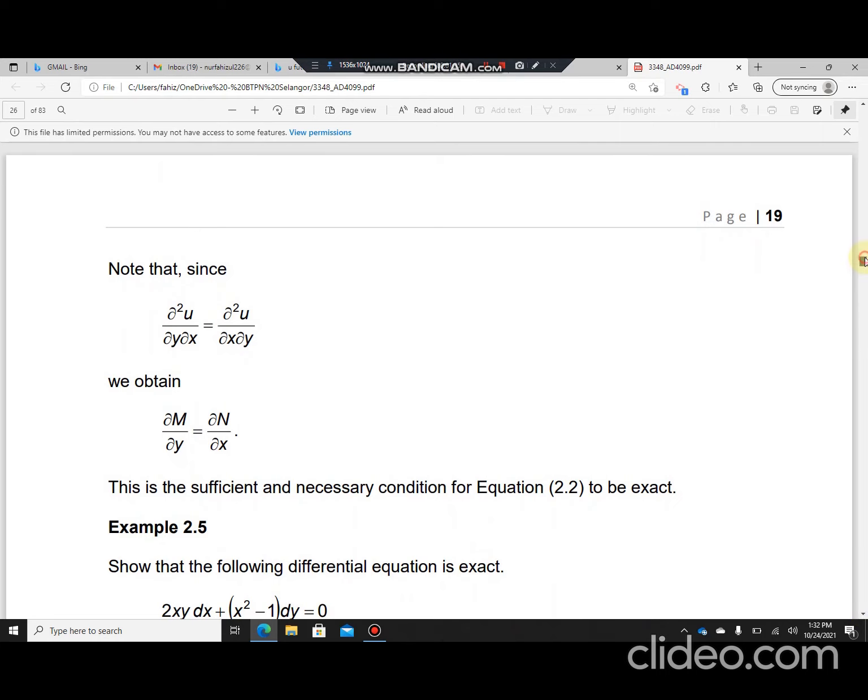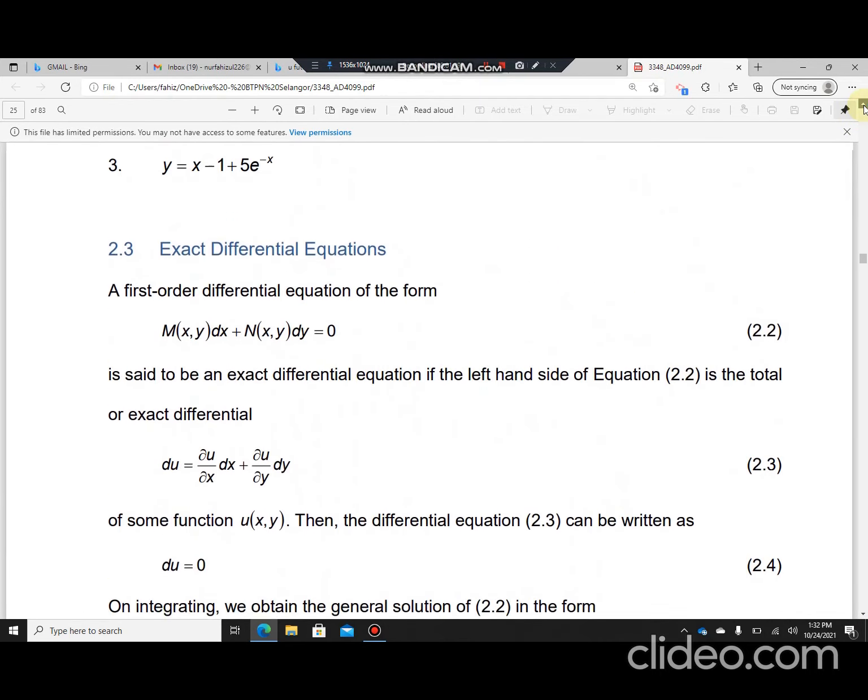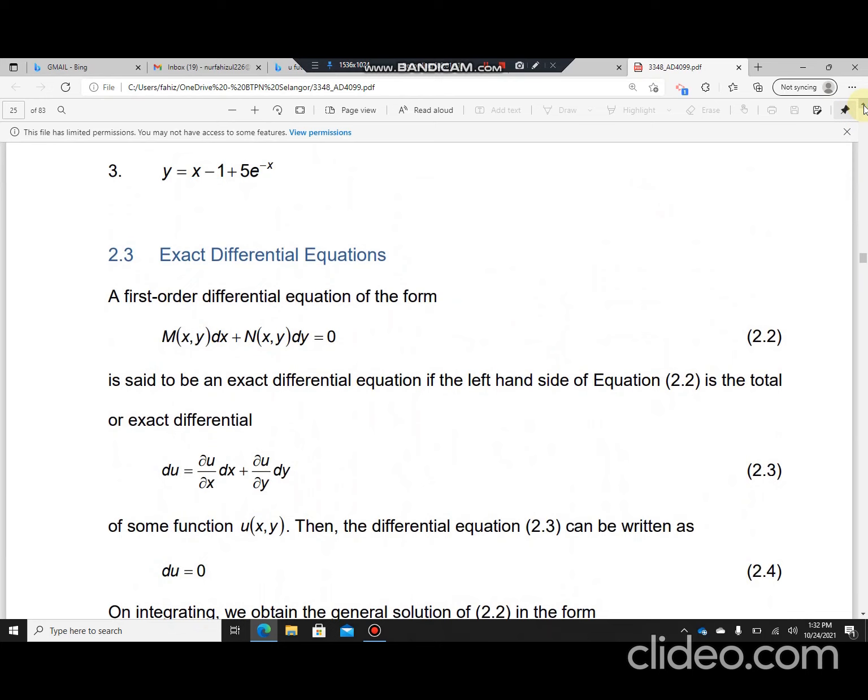Okay, this one is actually for exact differential equation, and it is still first order.